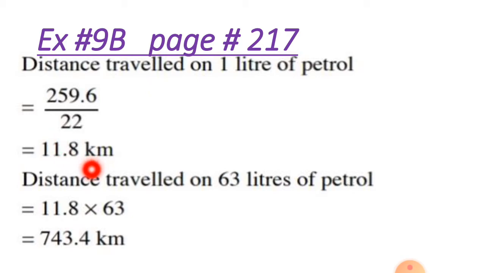That is the distance traveled on 1 liter of petrol. Now, distance traveled on 63 liters of petrol: the same amount is there, and first it was for 1 liter, now it is for 63 liters. When you calculate these both numbers, you will get the answer 743.4 kilometers.